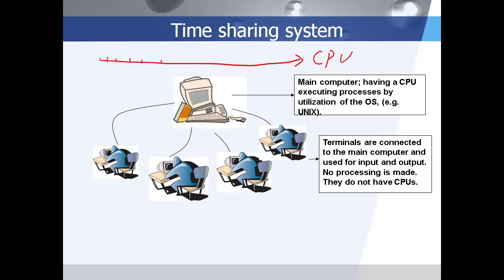For this interval, we're going to assign the CPU time to this user, and for the next interval, we're going to assign it to the next user. So this is called time sharing. Because the CPU is running very fast, from the user's point of view, all of them feel like their program is running at the same time. But actually, the programs are running alternately.